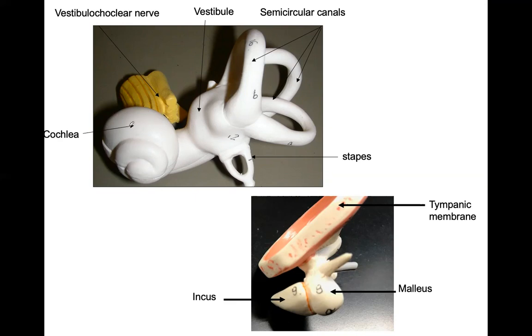If you guys remember, the cochlea is the part that basically converts the vibration of the sounds to electrical impulses. And last, what you see in the yellow structure is a combination of two nerves, one coming from the cochlea and one coming from your vestibule. So the nerve as a whole is called the vestibulocochlear nerve.